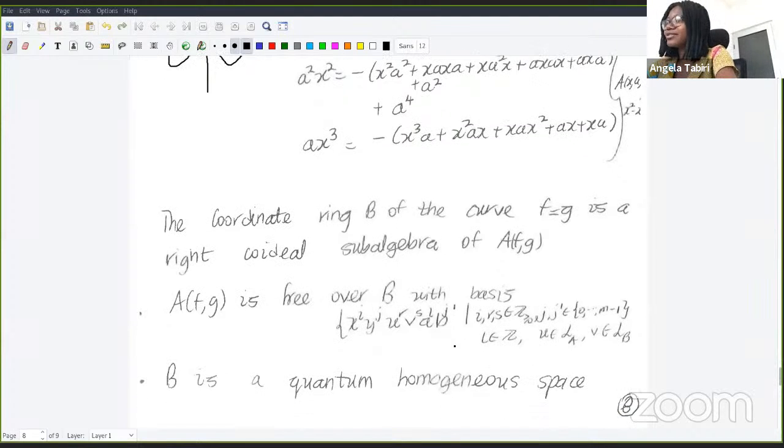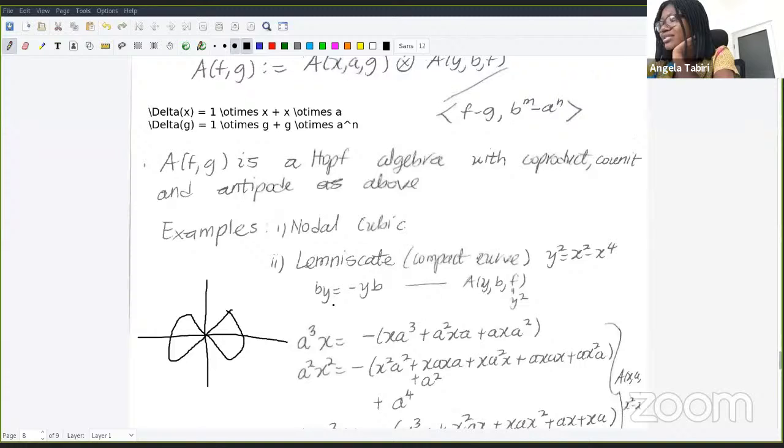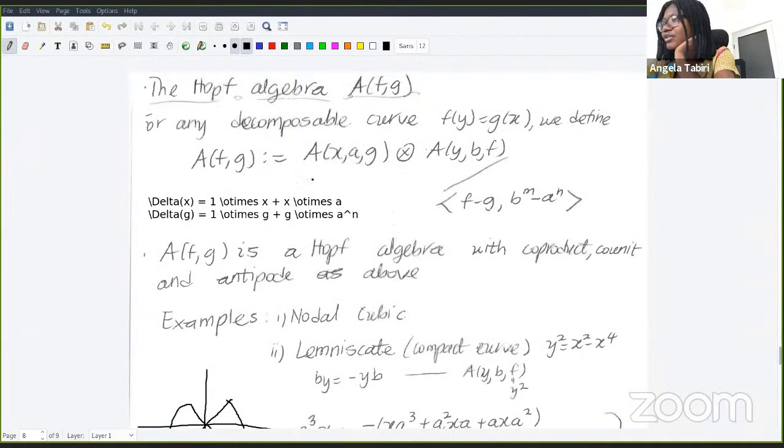So it gave us that if you have a decomposable plane curve of degree at most 5, then this coordinate ring is a homogeneous space. But before I finish, what are some of the properties of this Hopf algebra here? It turns out that it also has nice properties.